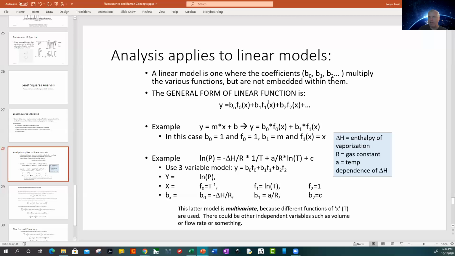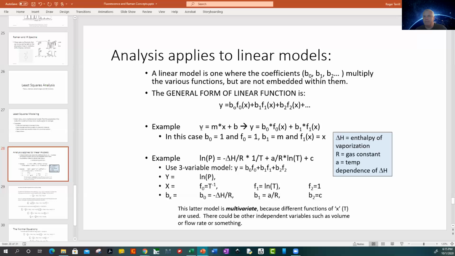And the F0 of x, F1 of x, and F2 of x, these are the variables in a multivariate exercise. So you'll do multivariate linear least squares to those data and come up with a B0, B1, and B2 that best fit the model to the data. Does that make sense? Cool.